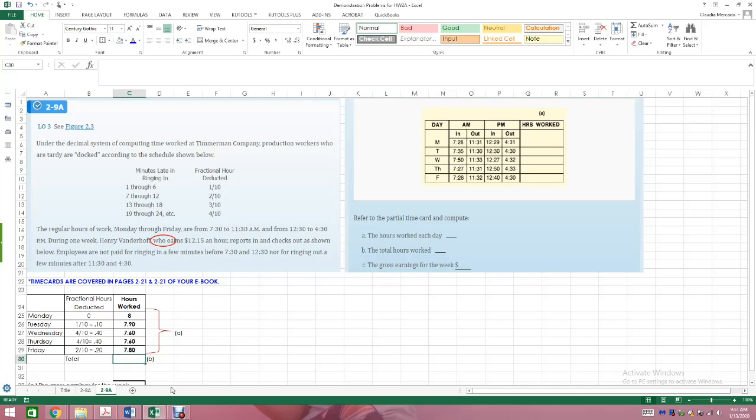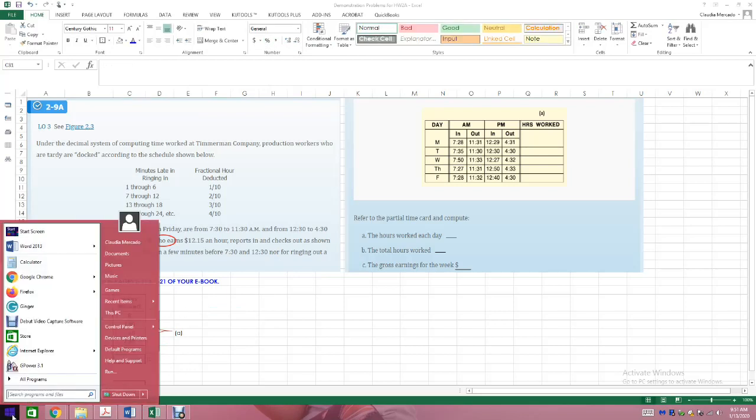Now, for letter B, the total hours worked, we're just going to add them together. We're going to add all of my Monday, Tuesday, Wednesday, Thursday, and Friday. Because I am using Excel, it's easy for me to just use the function here and add them.